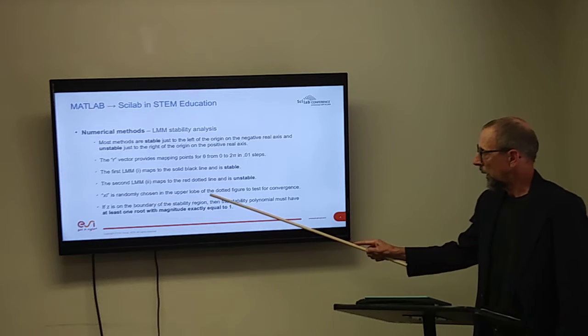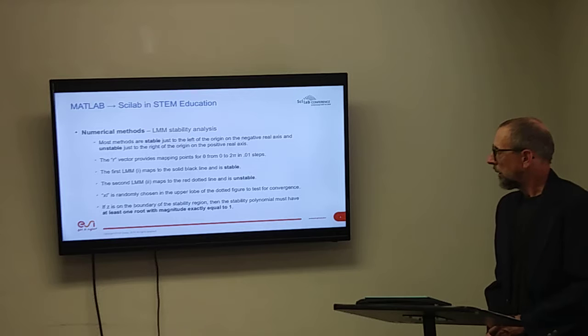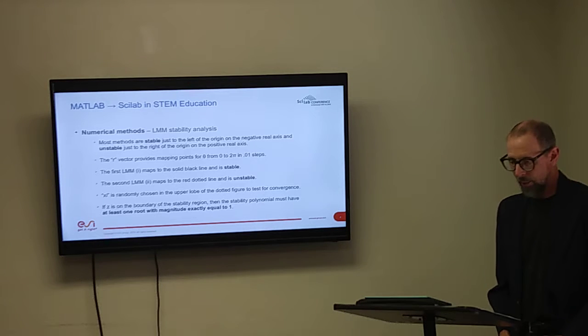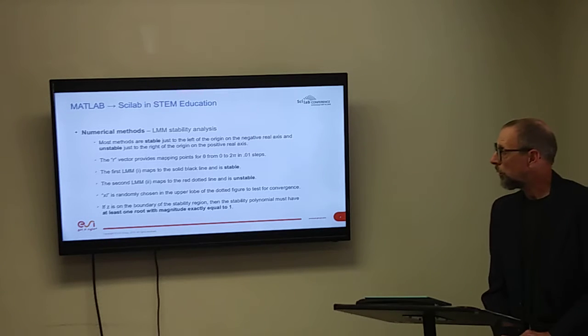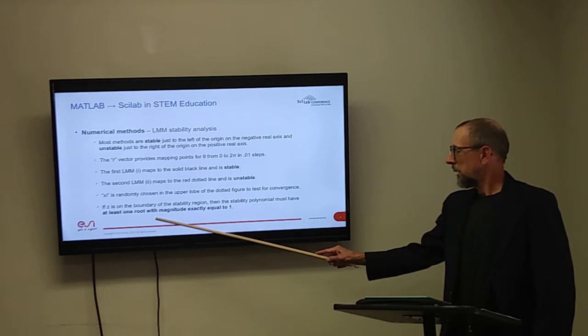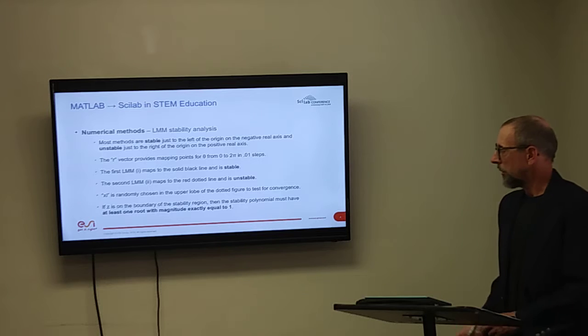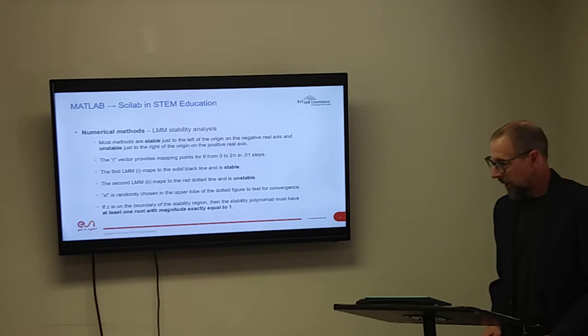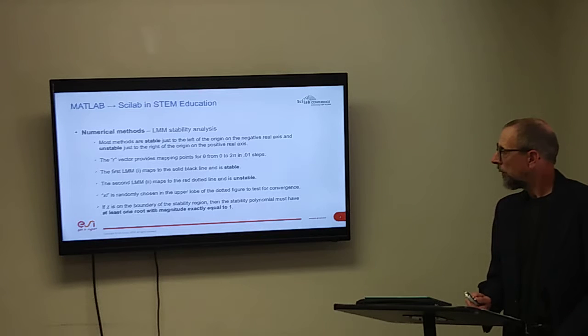Then this randomly chosen point on the dotted figure has roots, and that was what was generated by the MATLAB code. There were 3 roots given, and the requirement for stability is at least one root with magnitude exactly equal to 1. None of those roots fit that criteria, so that's another indication that that dotted plot was unstable.